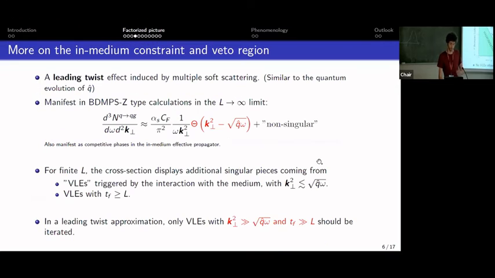And again, of course, if you want to go beyond this limit and include finite length effects, you would see that the spectrum behaves a bit differently.